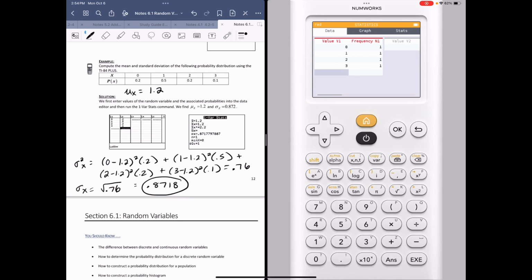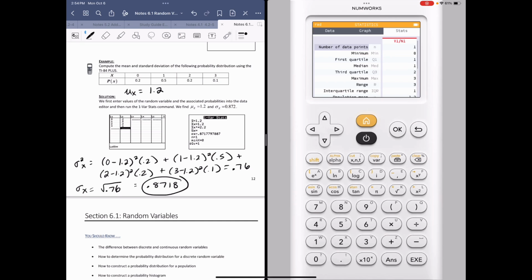They've always been 1. This is where our frequencies are going to start to matter. So in the frequency column, I want you to put in your probabilities. Okay? And once you've done those, when you go to stats and you look down this list and you look at your mean, it gives you that expected value, that 1.2. And the population standard deviation, the 0.8718.